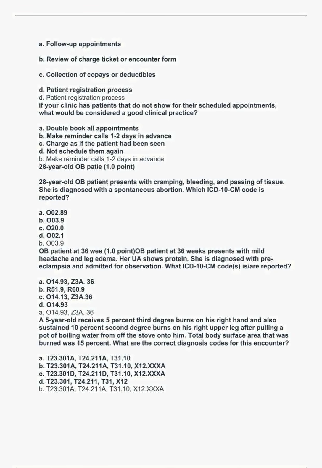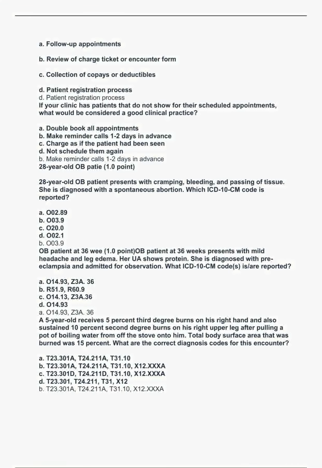An OB patient at 36 weeks presents with mild headache and leg edema. Her UA shows protein. She is diagnosed with pre-eclampsia and admitted for observation. What ICD-10-CM codes are reported? A. O14.93, Z3A.36.